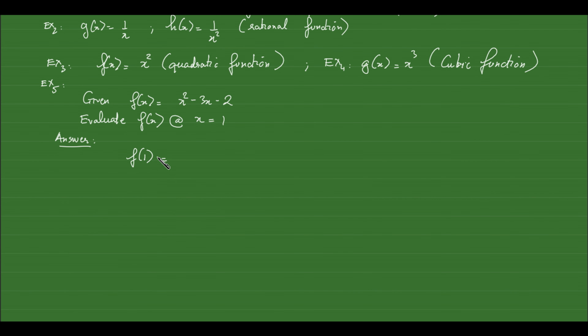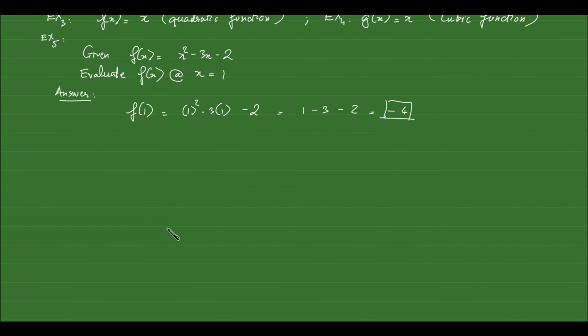So f of 1, you plug it in, 1 squared minus 3 times 1 minus 2, which is minus 3 minus 2, which is negative 4. There you go. So how do we interpret this? This 1 is input, negative 4 is output. Good? Excellent.